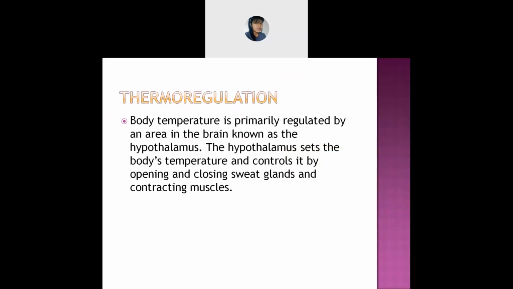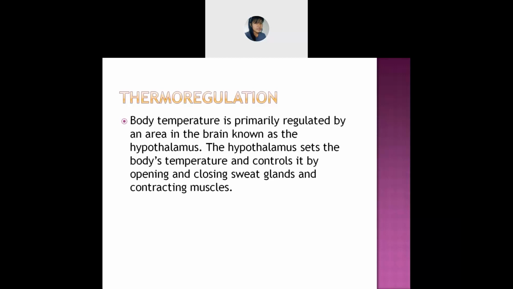It controls the sweat glands, when they open and close, and it also helps in the contraction of the muscles of your skin.